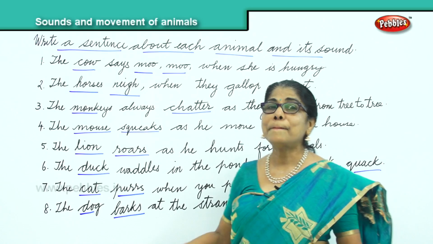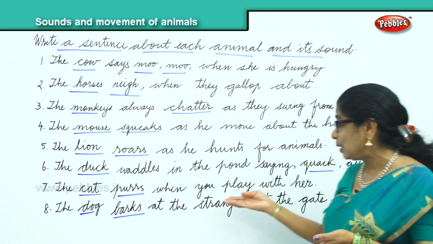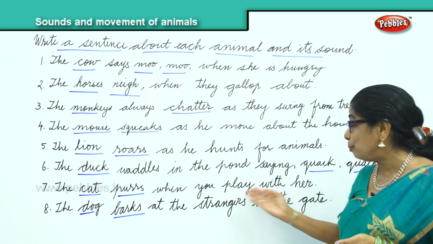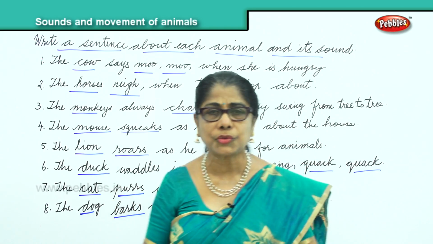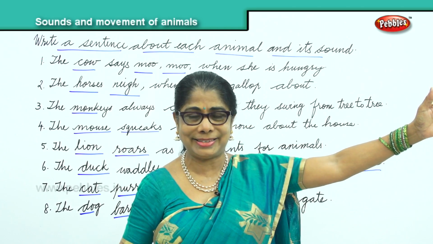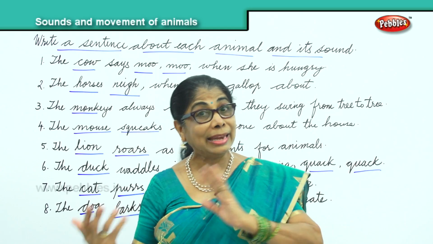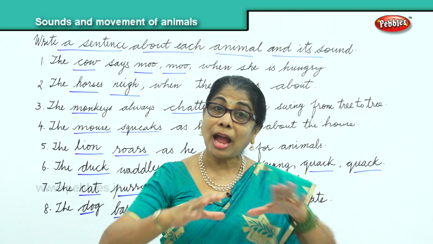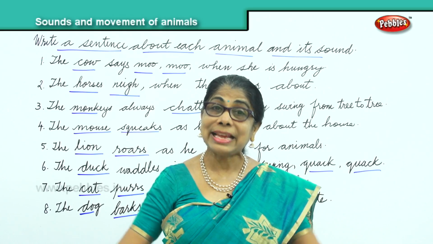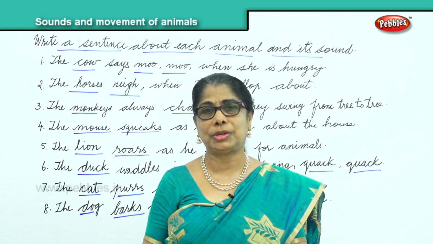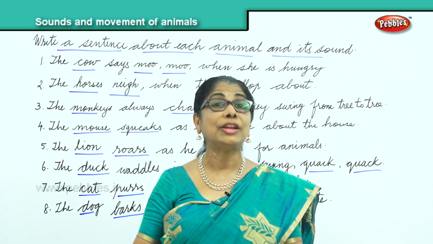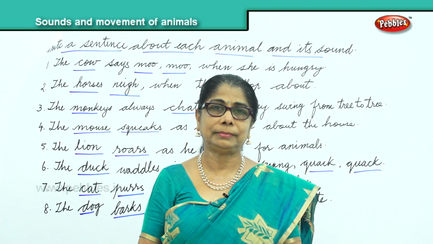And the cat purrs when you play with her. And the dog, he barks at the strangers at the gate. So now you know animal and the sound, how to make sensible sentences with the animal and their sound. You can do some more exercise for practice.